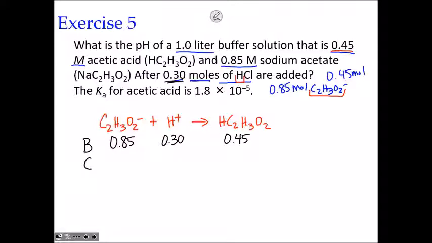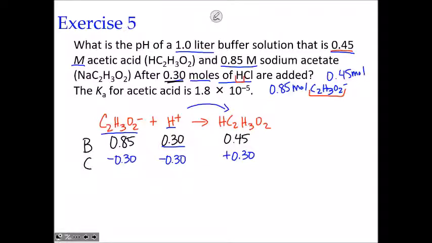So looking again, which one's going to be the one we look at for subtracting? The H plus is the lowest number, so it's the one that we subtract from over here, 0.3 minus 0.3, but then it's going to get added over here, because every time the H plus adds to the acetate, you're going to get some more of that.